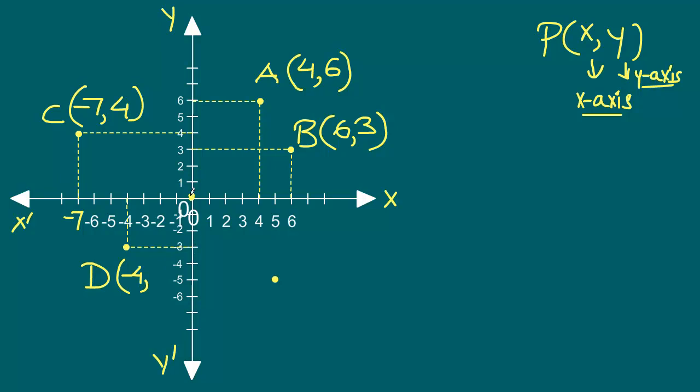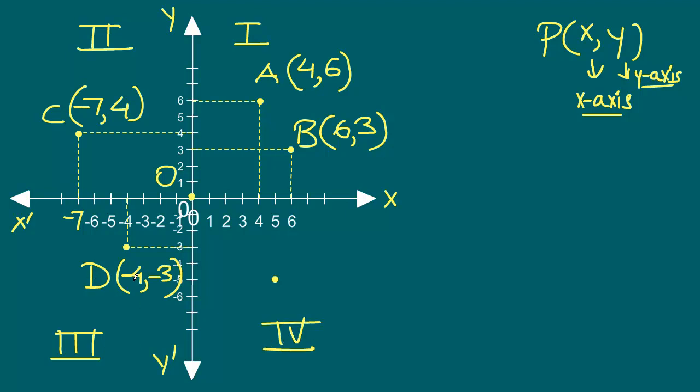Remember, if this is our origin, uppercase letter O, then OX is the positive direction of X, OY is the positive direction of Y, OX dash is the negative direction of X, and OY dash is the negative direction of Y. So how much along the y-axis is minus 3. Our point D is in the third quadrant. This is quadrant 1, this is quadrant 2, this is quadrant 3, and this is quadrant 4. So point D is (-4, -3).